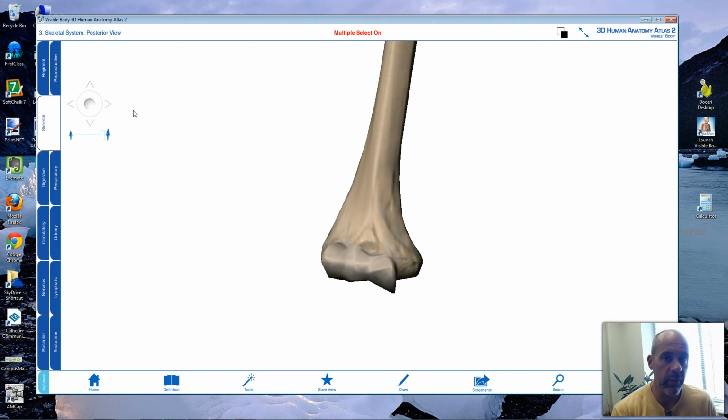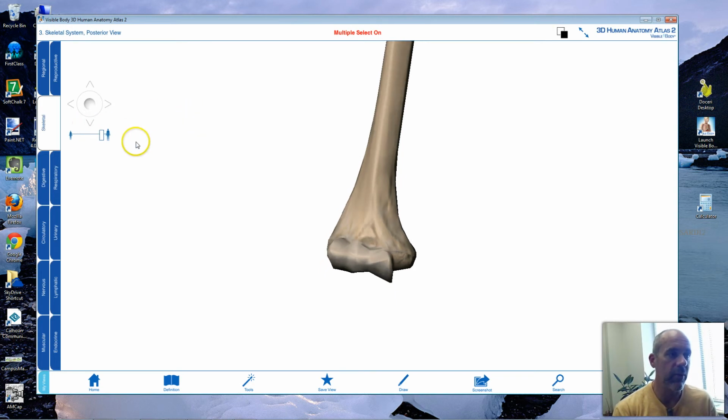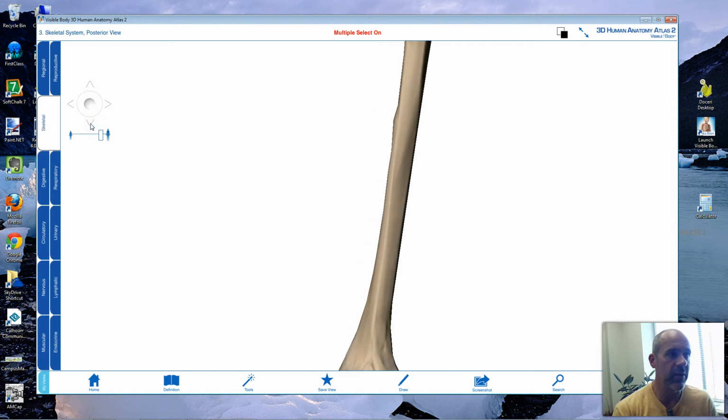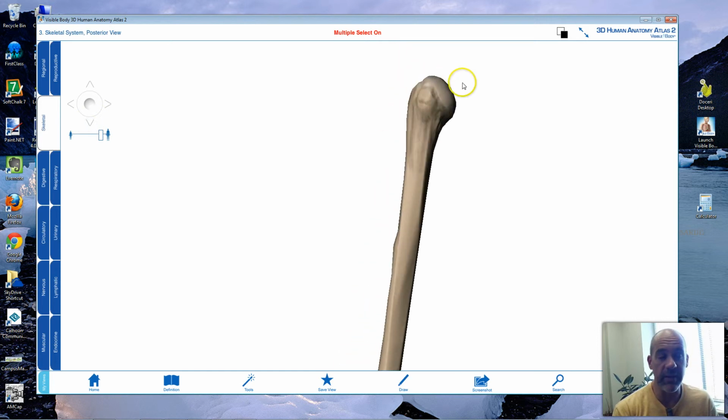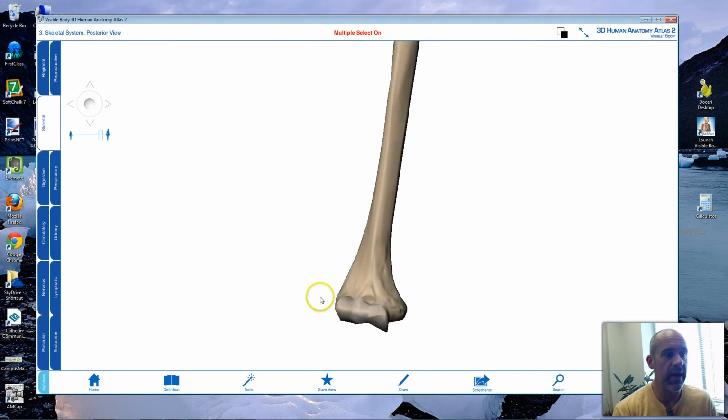If you just saw a humerus sitting by itself, you should be able to figure out, just looking at it, whether it's a left or a right humerus. The reason for that is because the ball of the humerus is always going to face medial. And then you know that this is the anterior side of the humerus, so the trochlea will be medial and the capitulum will be lateral.